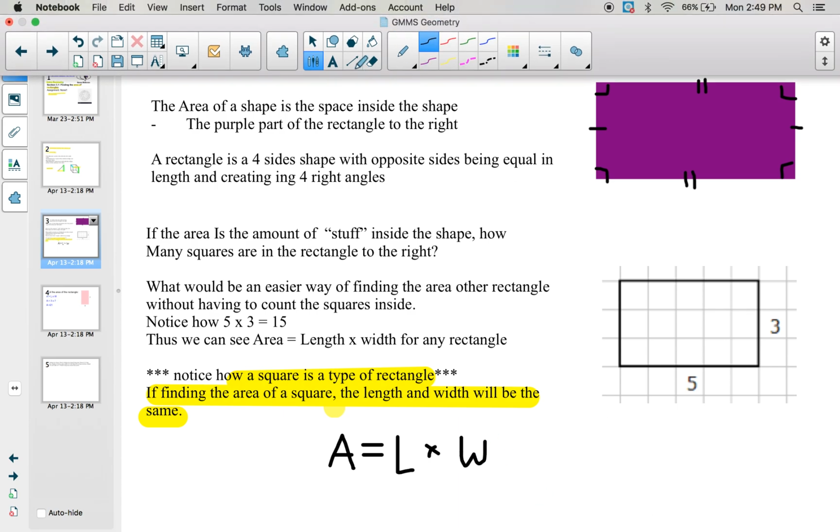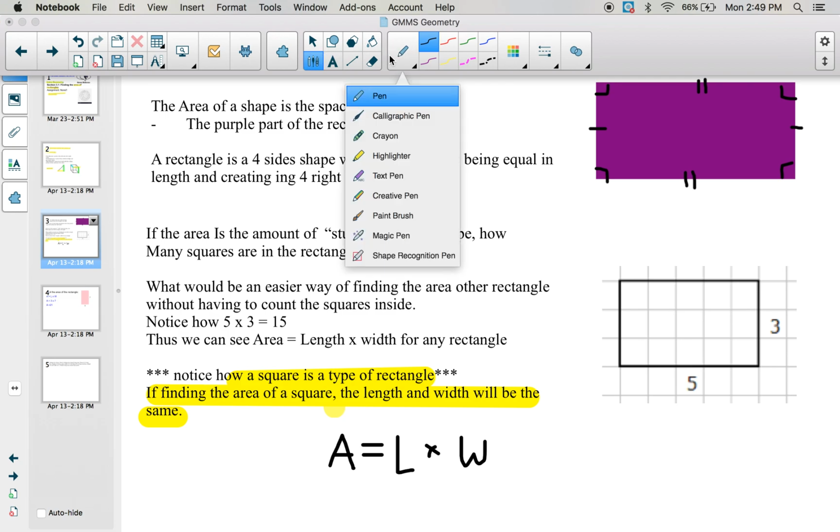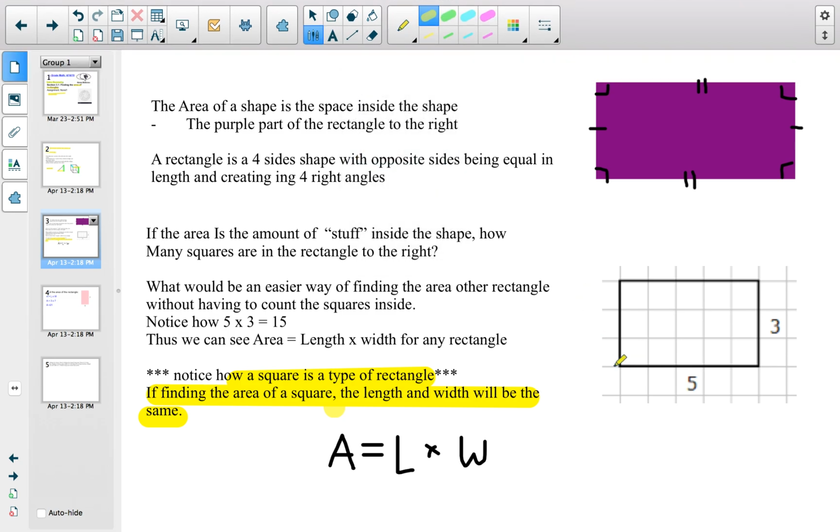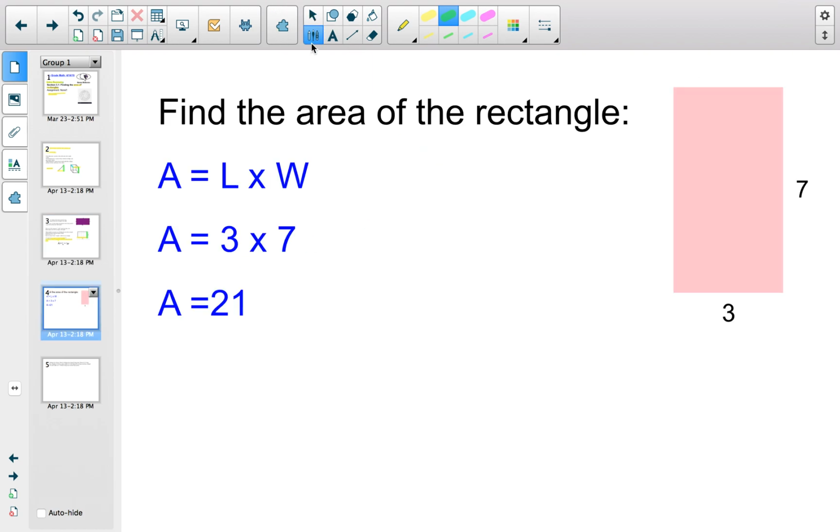Okay? And that being, again, if we look here, here's our length, here's our width. Okay? So let's take a look at this example then.